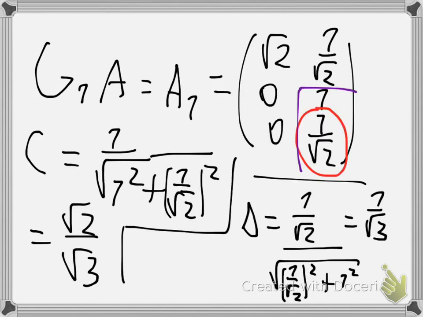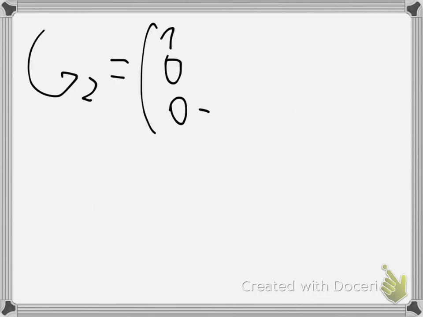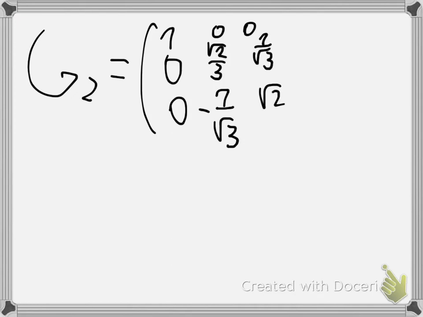It will be negative 1 over square root of 3. I think this is correct, should be.